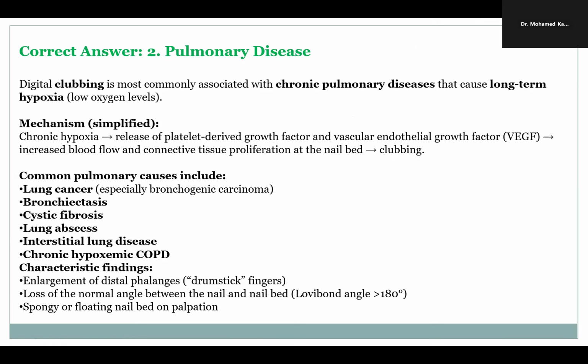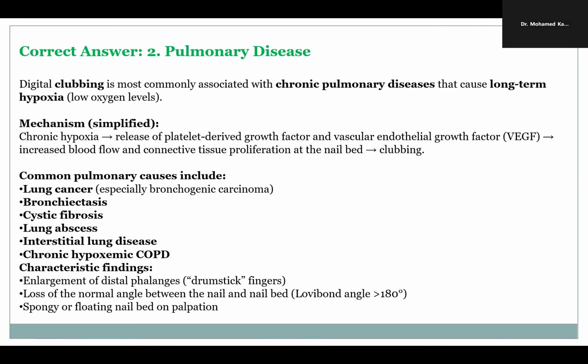So digital clubbing is most commonly associated with chronic pulmonary disease. Why? Because pulmonary disease, if it is a chronic condition, will be associated with long-term hypoxia. Hypoxia means low oxygen delivery to tissues.